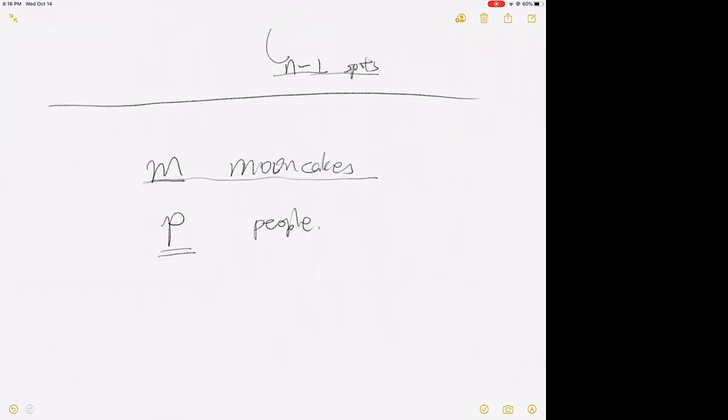No, I'm saying that it's a different case, but it has some of the same variables. I want you to articulate a problem using m mooncakes and p people, or 12 mooncakes and 5 people.